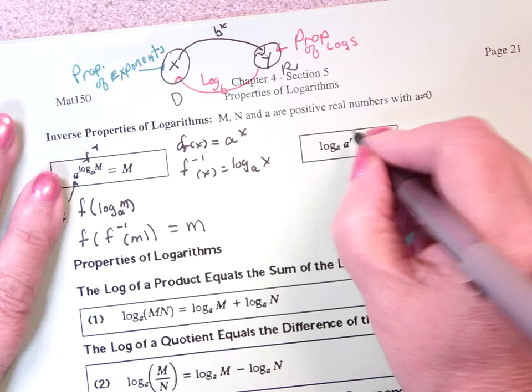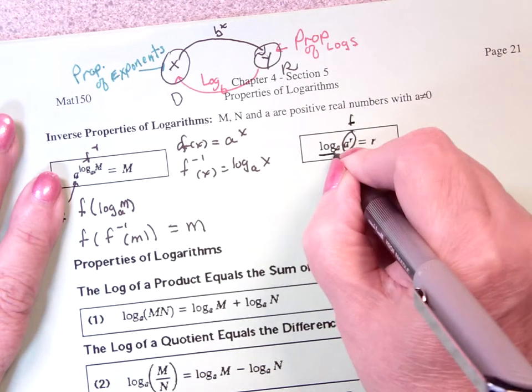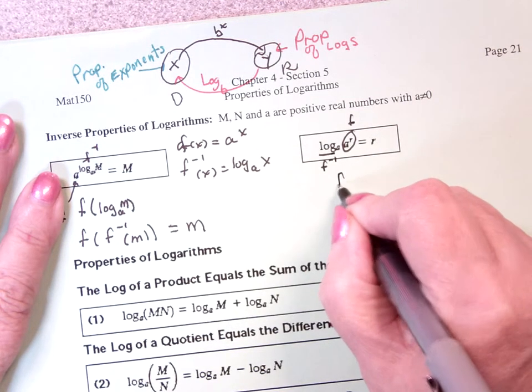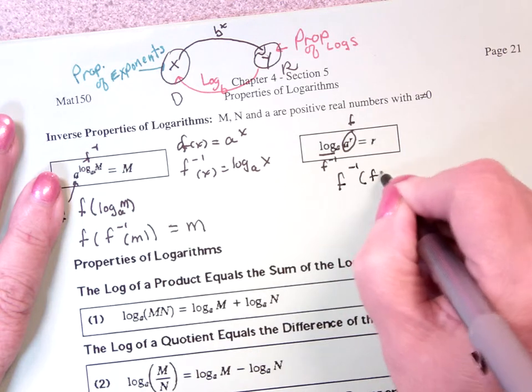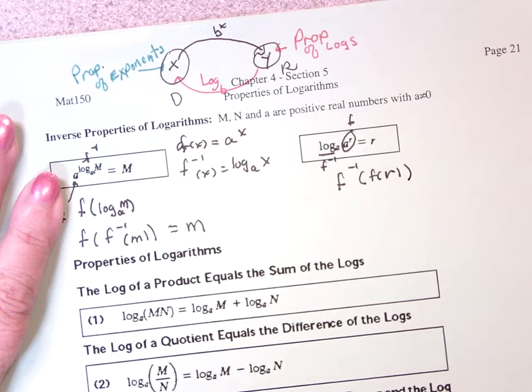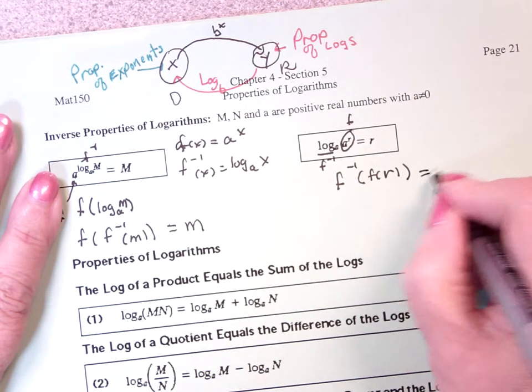Now here, if you take a look, there's the original function, and the outside function is the inverse. So what this really is f inverse of, and I stuffed the original function, in this case it's r. And we know that the function and its inverse take each other out, and you're just left with r.